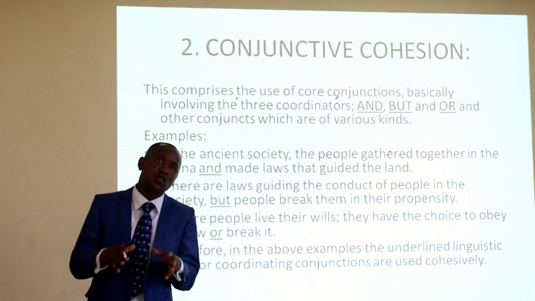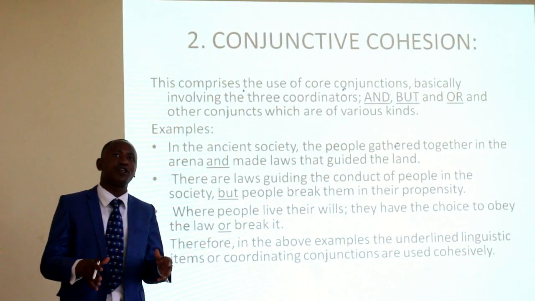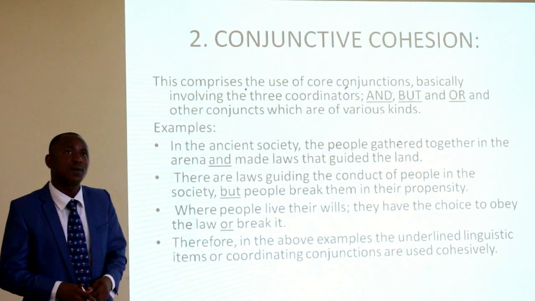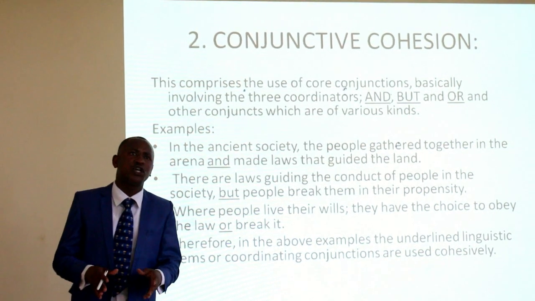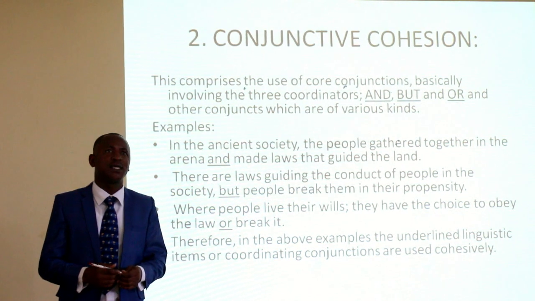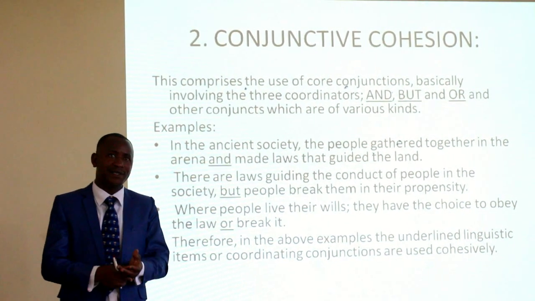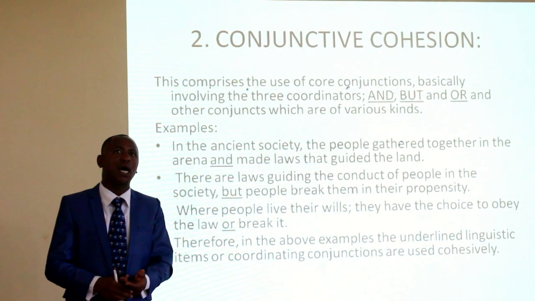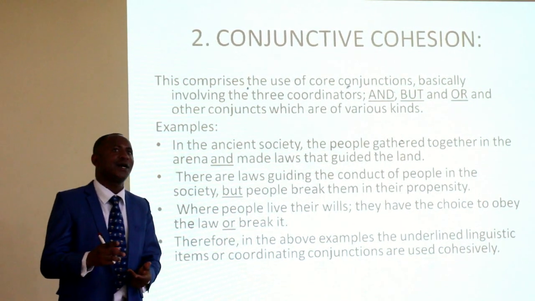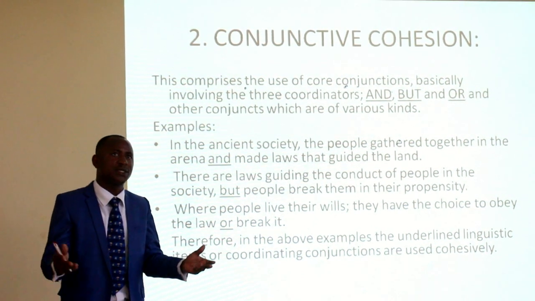Let's talk about conjunctive cohesion as another means of achieving cohesion in a text. Conjunctive cohesion comprises the use of co-ordinating conjunctions, basically involving the three coordinators "and", "but", and "or", and other conjuncts which are of various kinds.